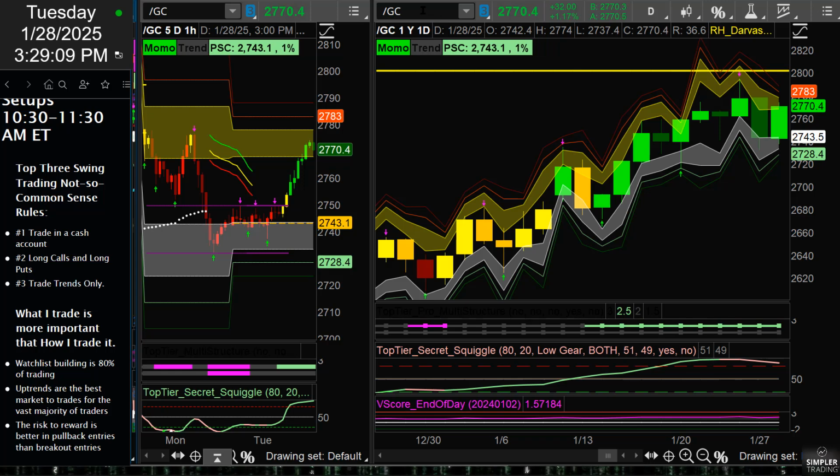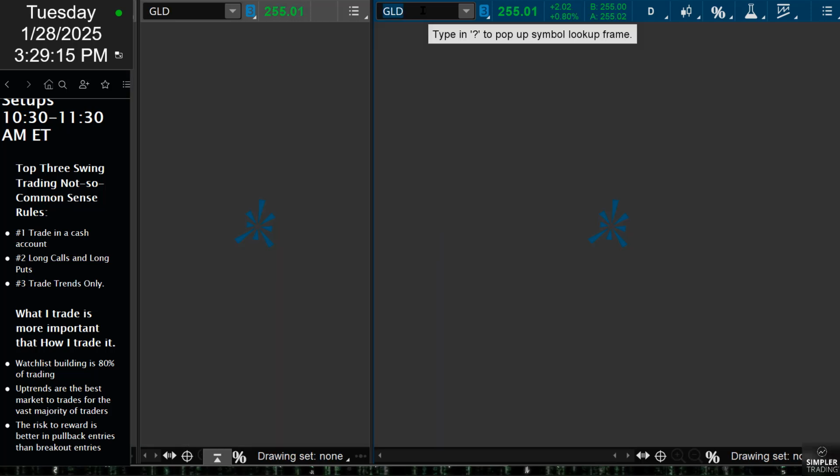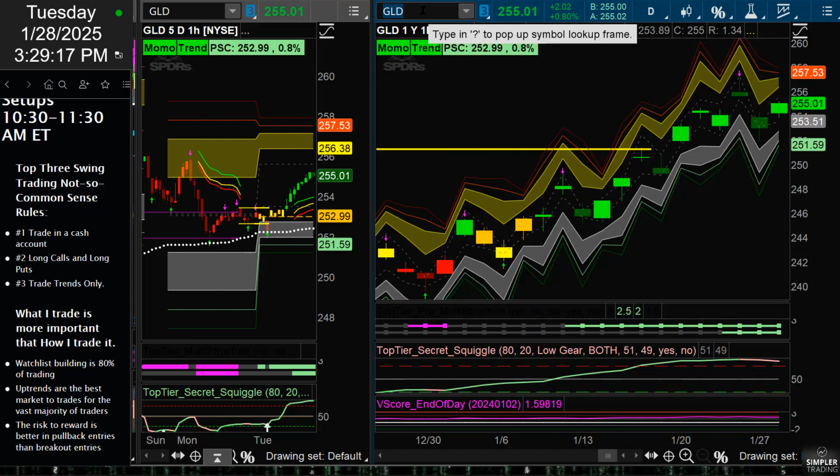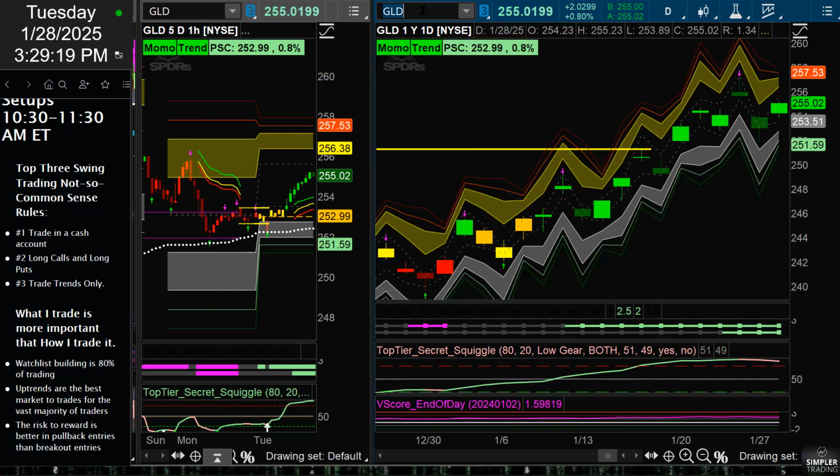Now, the reason I have the GC chart up here is because when I'm setting up anything that has an ETF of a futures contract, essentially, SPY for ES futures, or QQQ for NASDAQ, or GLD for GC, I want to look at the underlying commodity, which is usually trading 23 hours a day, not the 9:30 to 4 version. All right, that said, that was the trigger.